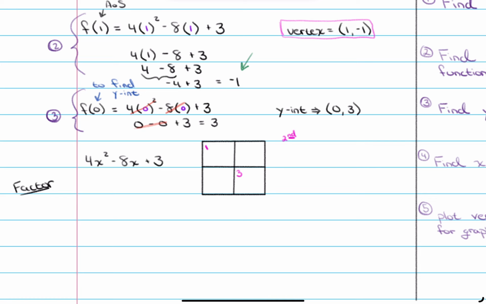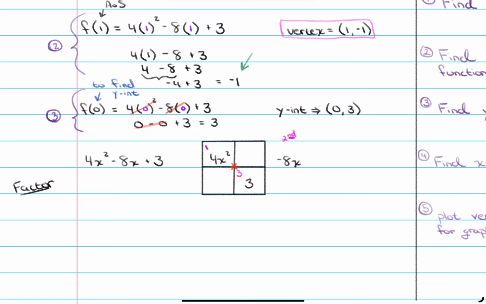So I'll show you. First term is 4x squared. My third term is a 3. My second term is negative 8x. And that goes out there to the side. Now what we're going to do is multiply these two together, the 4x squared and the 3.